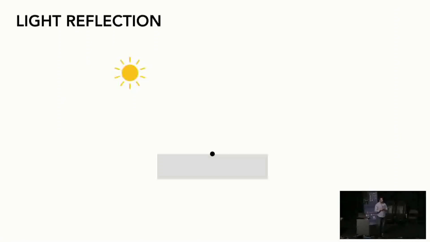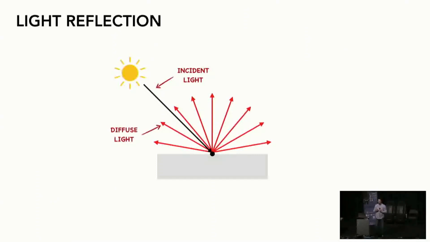When we have a light and a point on a surface, that surface material is going to determine how the light reflects off of it. And that reflected light is actually what our eyes see and perceive as color. There are two types of reflection that can come off of a surface. The first is diffuse light, or diffuse reflection.